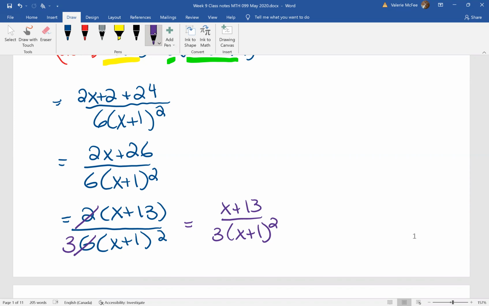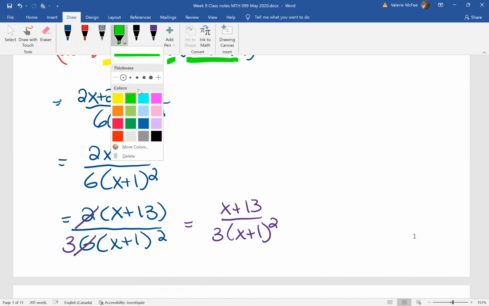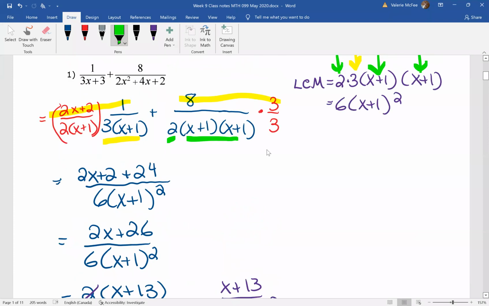What about our restrictions? Remember when we talked about restrictions, we haven't done that for a little while now, we said that the denominator cannot equal 0. And we usually went back to the very beginning. Well, the only factors with x are x plus 1. These are all the same factor, x plus 1.